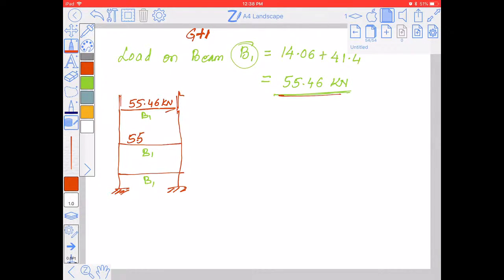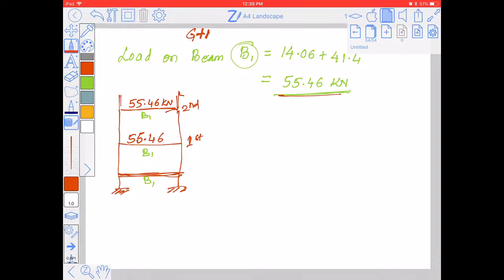Also this carries 55.46, because these 2 slabs, the first slab and second slab, will carry a load of 55.46 kilonewton. But in plinth level, we don't have any load from the slab.